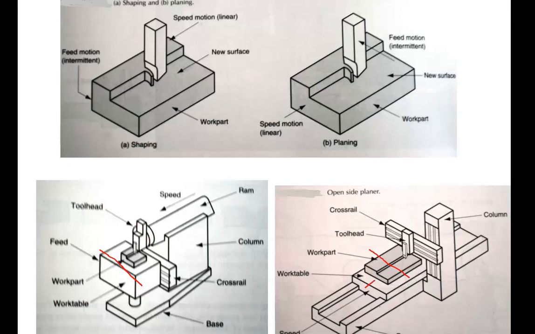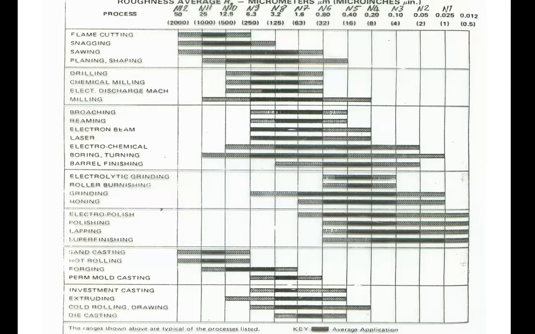The table moves in this direction, and the workpiece is displaced against the edge of the cutting tool. But in the shaping process, the cutting tool moves over the surface. In the planing process, the cutting tool is stationary, and the workpiece is moved toward the cutting tool.